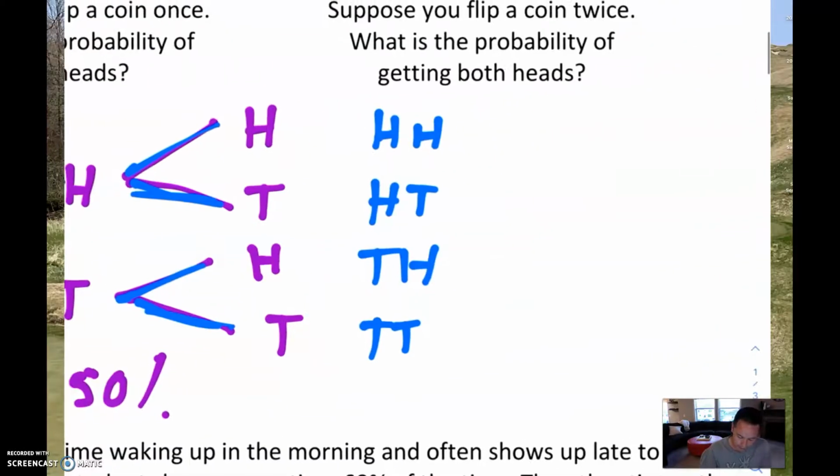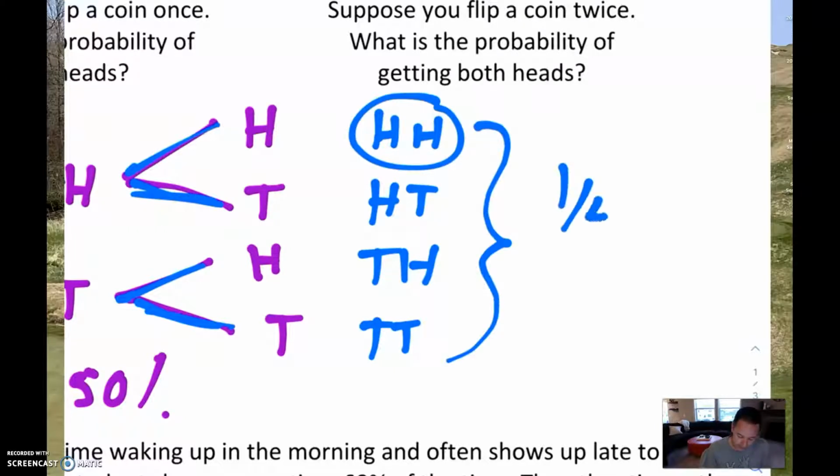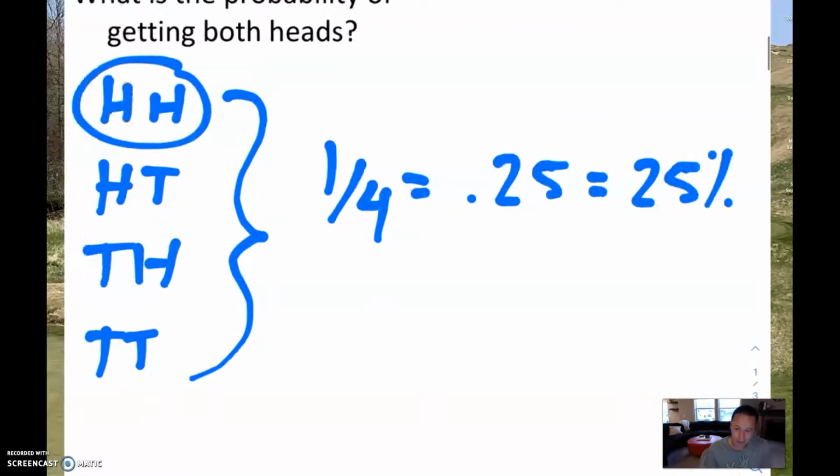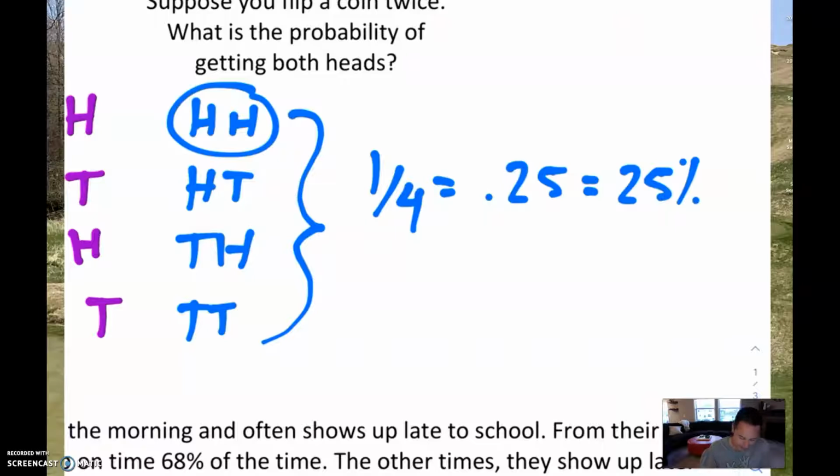And of those, the probability of getting both heads is 1 out of 4 different possibilities. So it's 1 out of 4, which is 0.25, which is 25%. And we got that same answer last time by just doing 1/2 times 1/2 is 1/4.